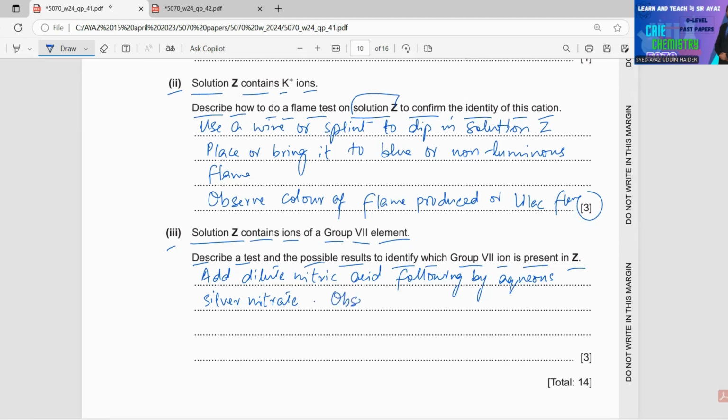Observe color for the presence of halide ions. It's of 3 marks. So you have to mention the color. We have white, cream, or yellow precipitates.